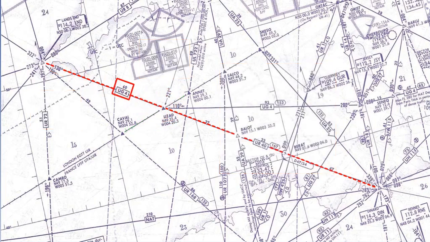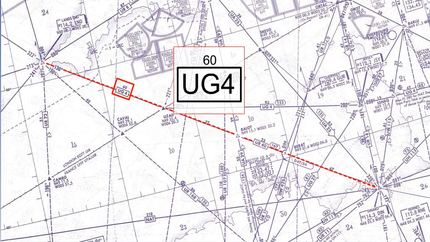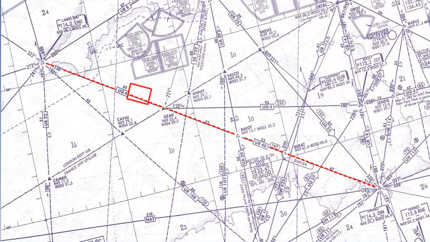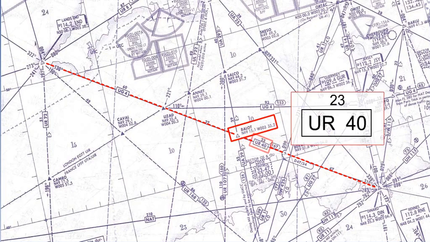The distance from Land's End to Lizard is 60 nautical miles, as shown. After a further 37 nautical miles, we come to non-compulsory reporting point Ballot, where the airway changes to Upper Romeo 40.